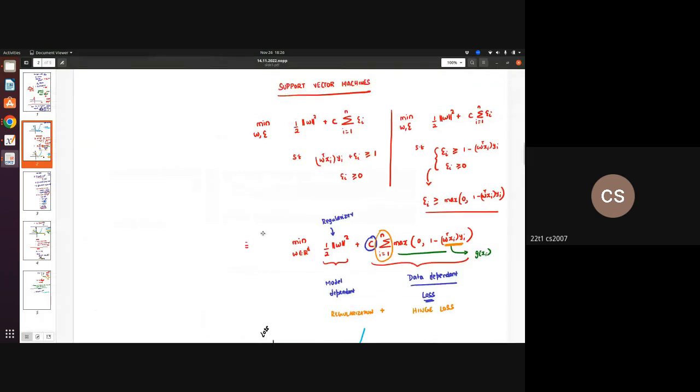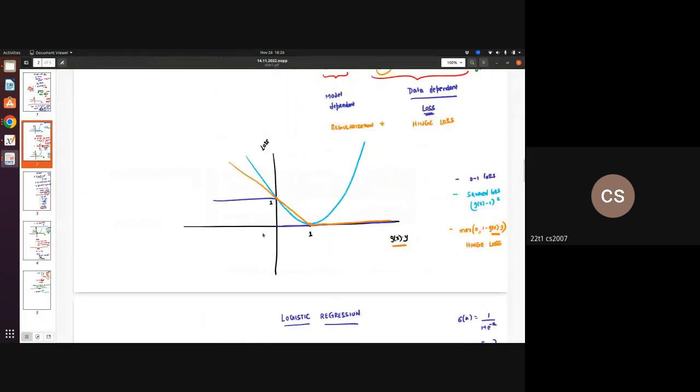decently. If you see this one, this dark blue one is your 0-1 loss, and this orange one is your hinge loss. Here it's actually matching. Where there should be this much loss, hinge loss is giving this much loss, that is fine, but here it is matching.